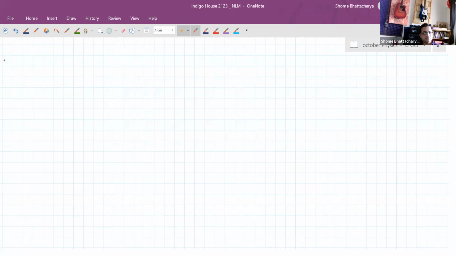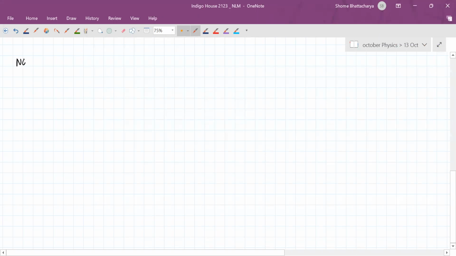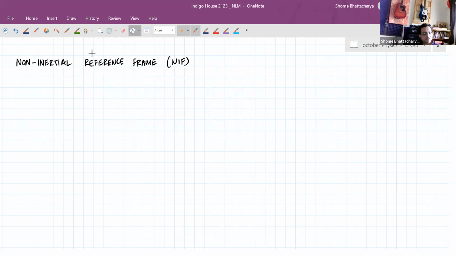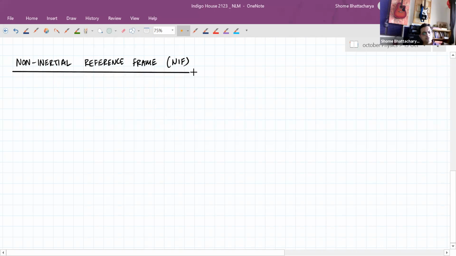Now let's understand the definition of non-inertial. So it is just kind of the reverse of the definition that we have seen in case of inertial frame.